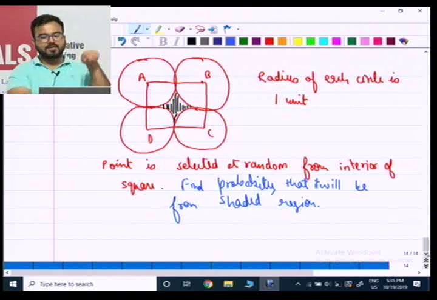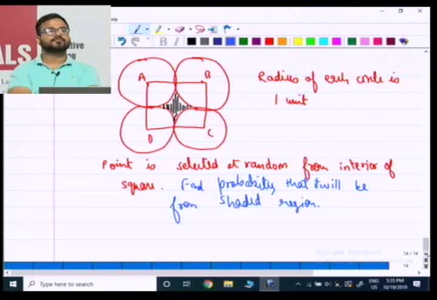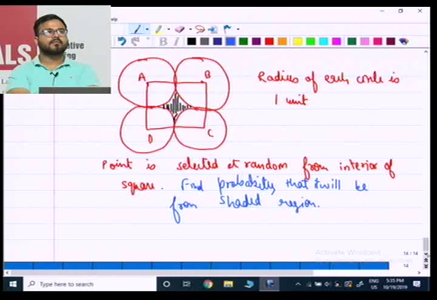And the point is selected from the interior of the square. Okay.